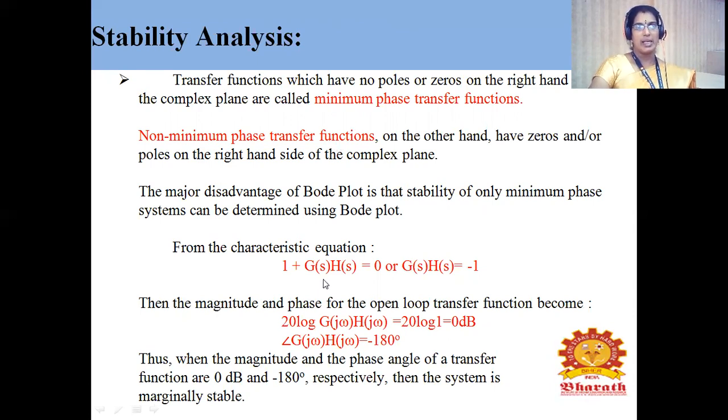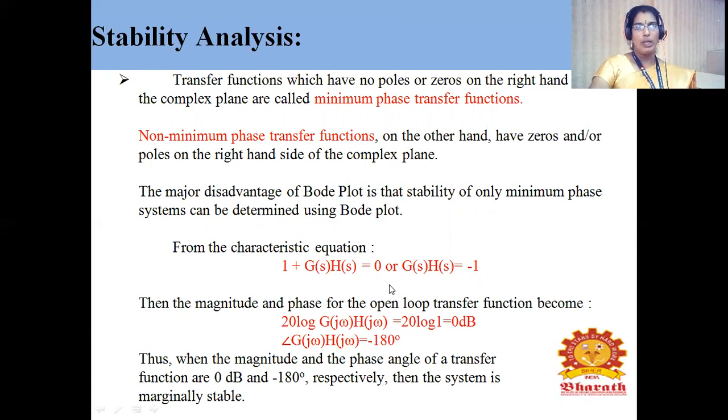Okay, from the characteristic equation, that is the denominator polynomial, if it is equated to 0, that is nothing but a characteristic equation. So if you are considering the general closed loop transfer function, we will be having g of s divided by 1 plus g of s into h of s. So the denominator polynomial here is 1 plus g of s into h of s. That is equated to 0, or we can write it as g of s into h of s is equal to minus 1.